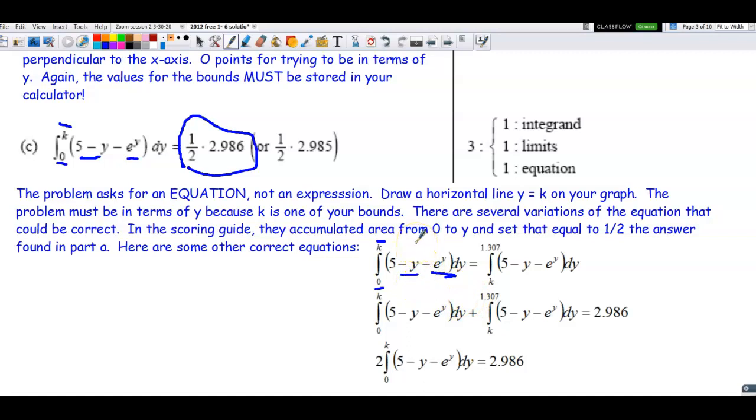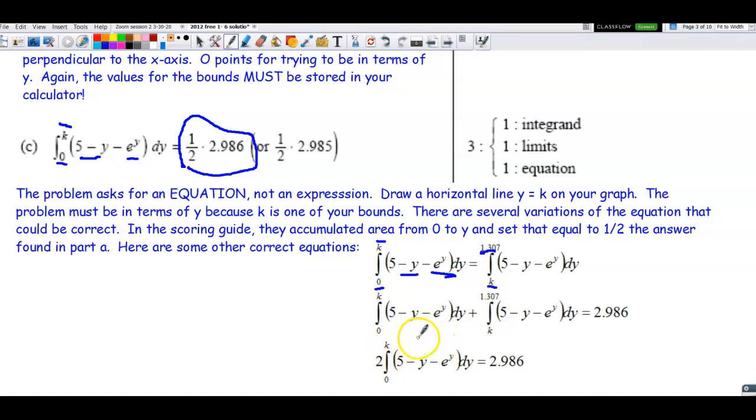That would be what I called region number 2 up above. And we could say that that area is equal to the area from k to 1.307. That was that point of intersection y value of right minus left. So we're literally saying region 1 is equal to region number 2.